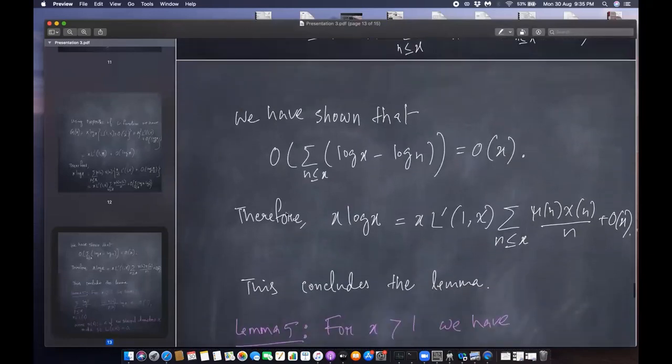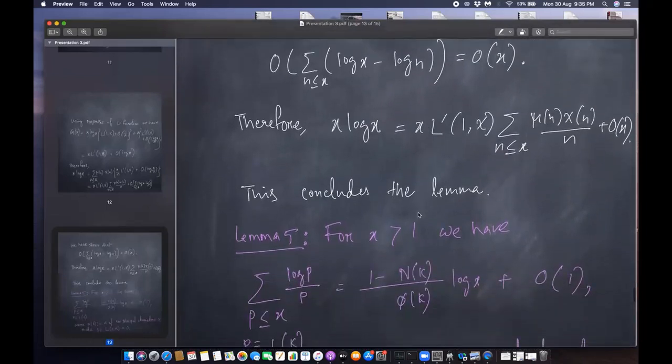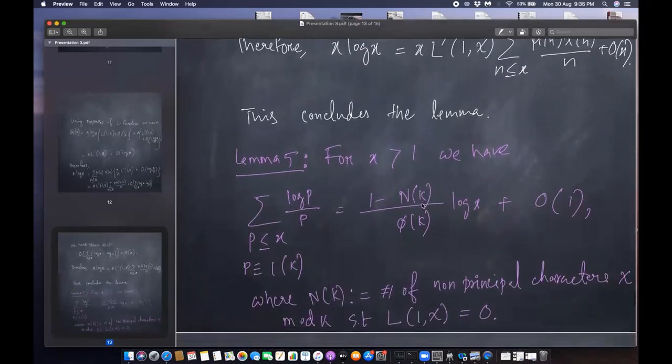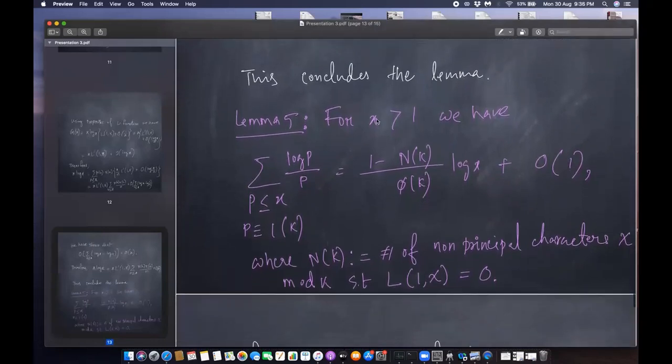So we have this identity. Once we cancel out x from all these three, we obtain this, which proves the lemma.